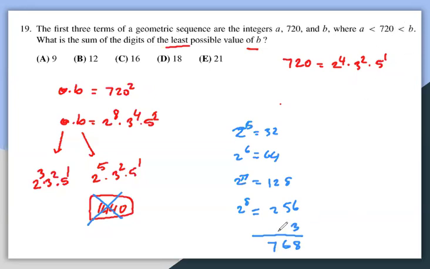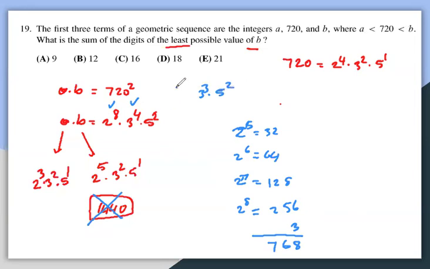So that looks like B works. But let's make sure that A is smaller than 720 in that case. So I took the 2 to the 8th power, and then I took one of these 3's for B, so A is 3 cubed and 5 squared.